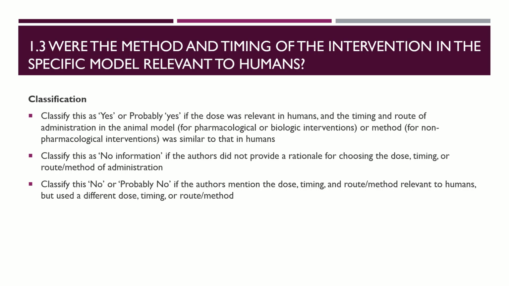Classify this as no information if the authors did not provide a rationale for choosing the dose, timing, route or method of administration. Classify this as no or probably no if the authors mention the dose, timing, and route or method relevant to humans but used a different dose, timing, route or method. So they say this is how it's done in humans, but we are going to do it in the wrong way anyway.